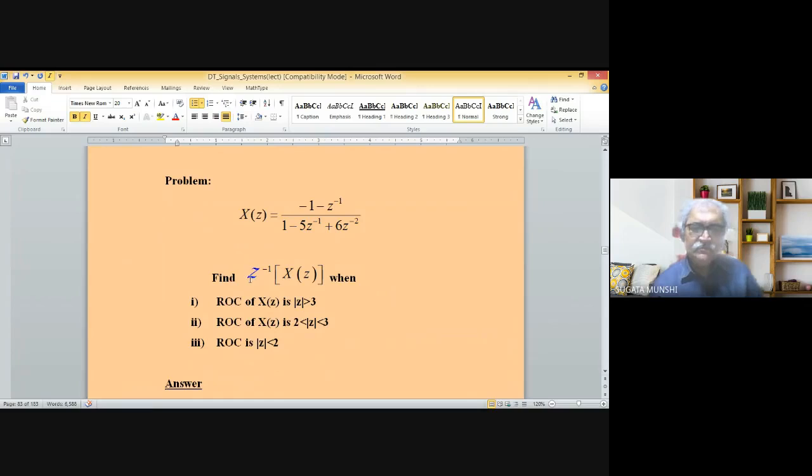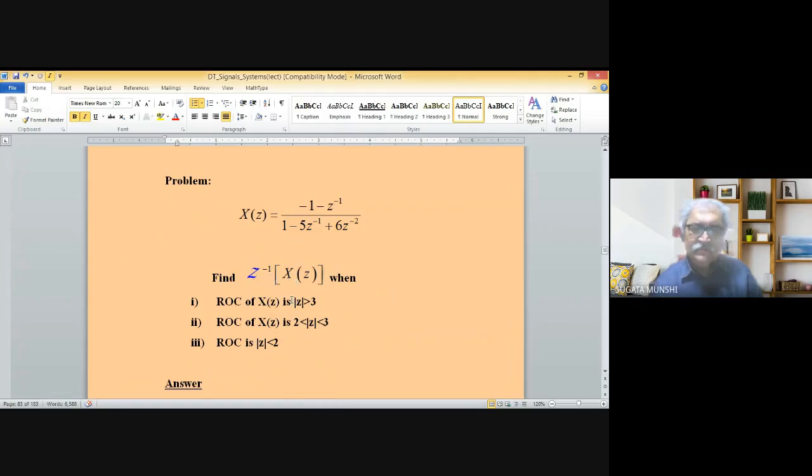Simply you are asked to find out the inverse z transform of X(z) without mentioning the ROCs. Then it will be your duty to identify all possible ROCs of this expression for z and then proceed. For each ROC, obtain the inverse z transform.